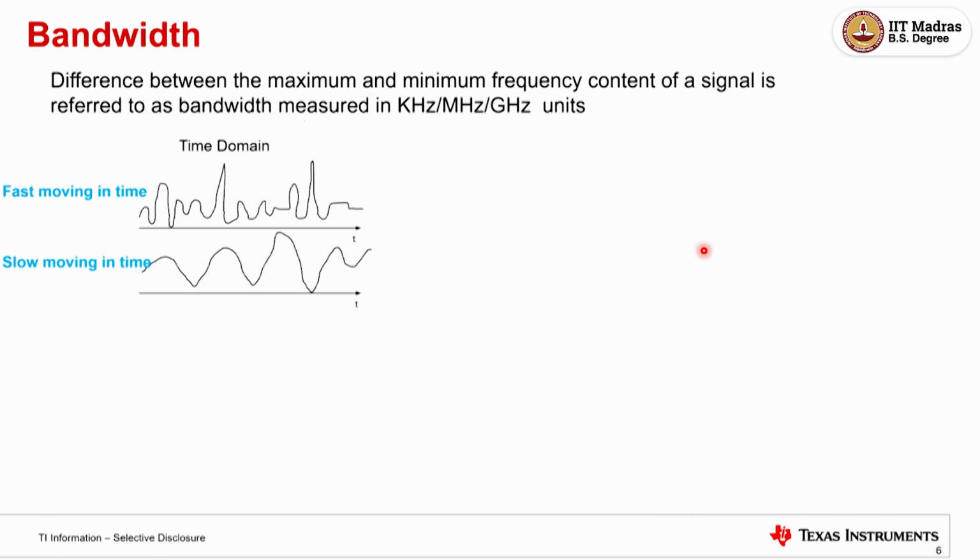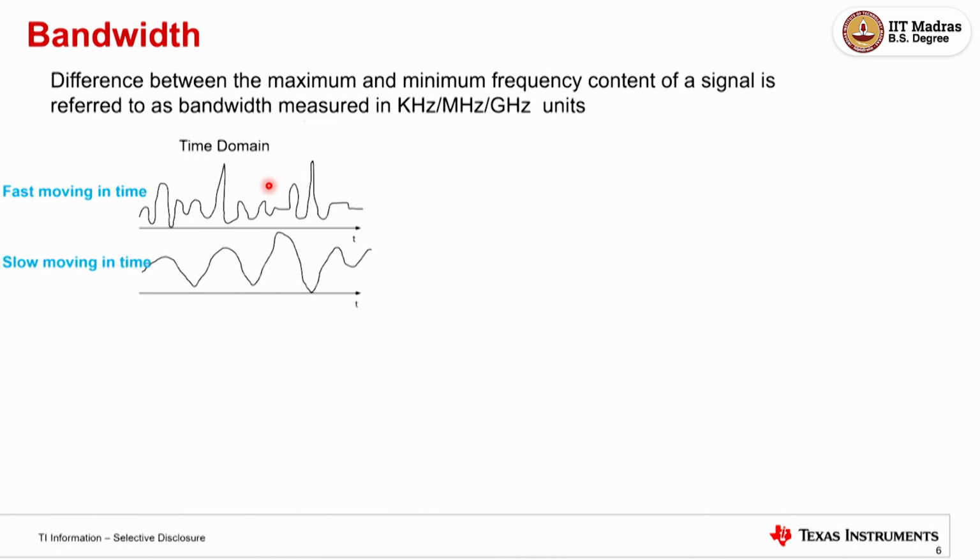What it translates to: one signal could be moving very fast like this, or if somebody is singing very slowly, or somebody is just making a jarring sound up and down. So there is something that is changing very fast in time.